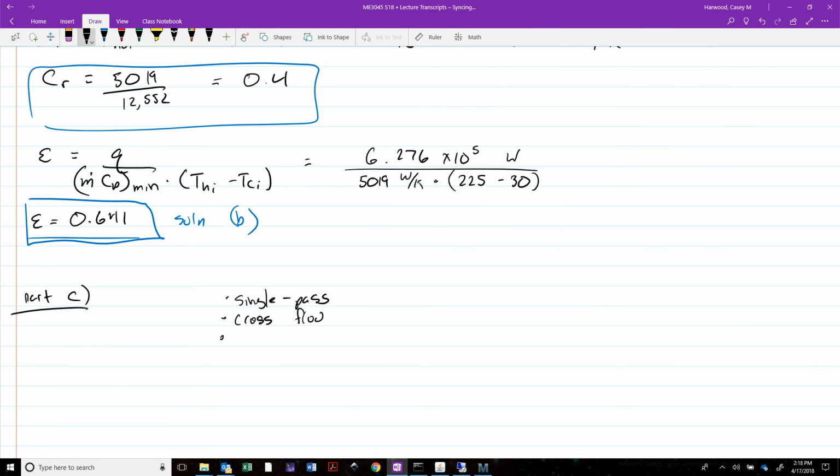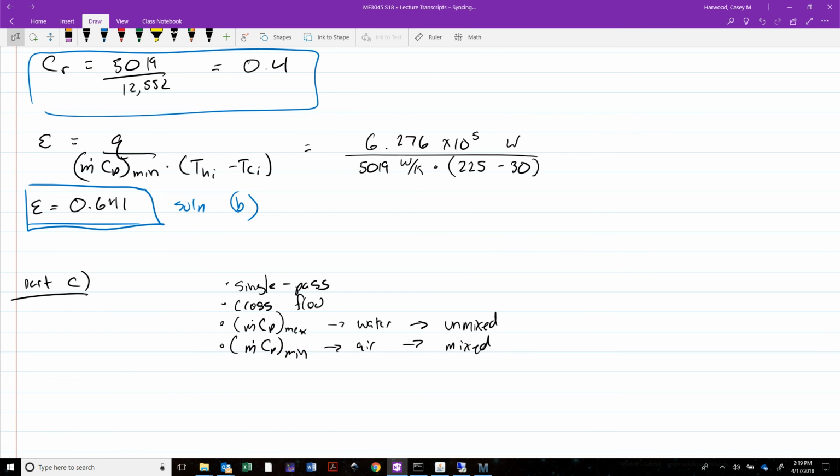We have C max, or m dot Cp max, corresponds to the water phase, which is unmixed. m dot Cp min is tied back to the air phase, which is mixed. Remember that mixed and unmixed we talked about at the very beginning, the definition of the problem.